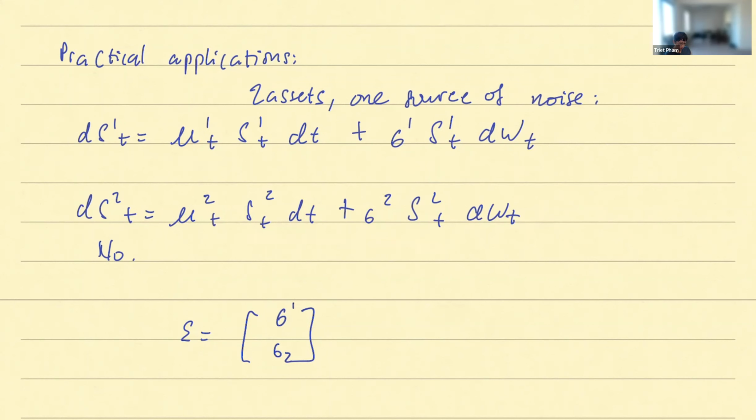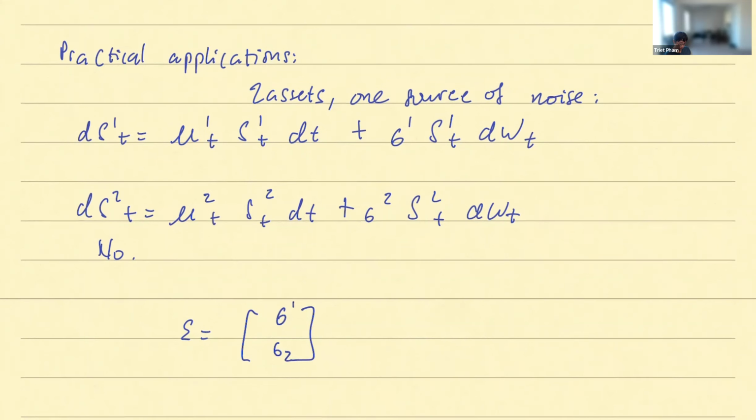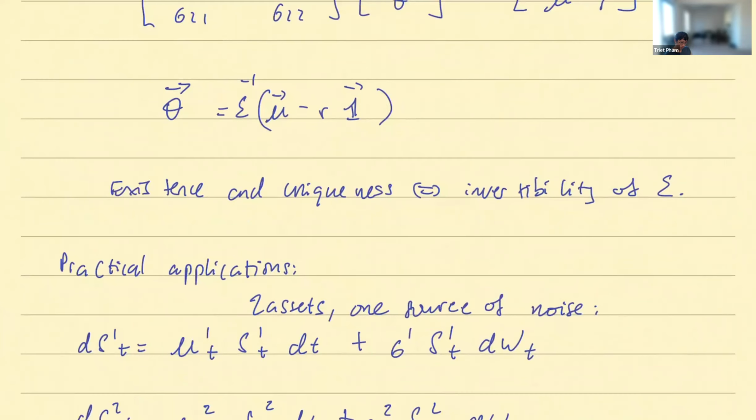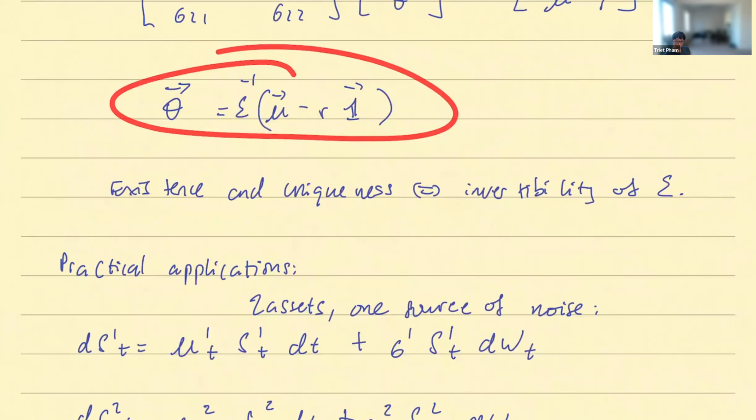But in general, if mu1 is not equal to mu2 or whatever, you should not be able to define a risk neutral probability, coming from sigma not being invertible.